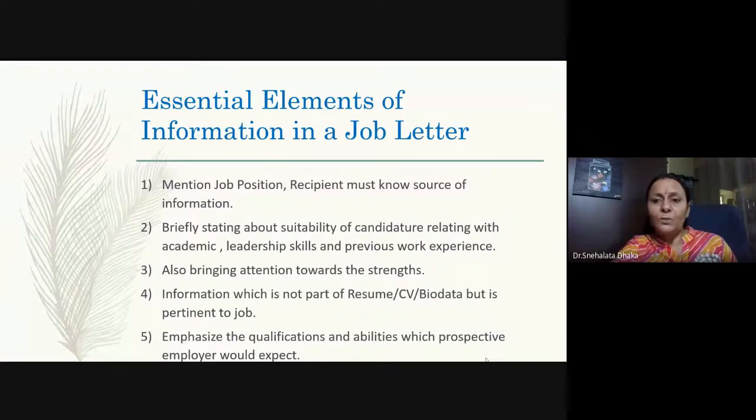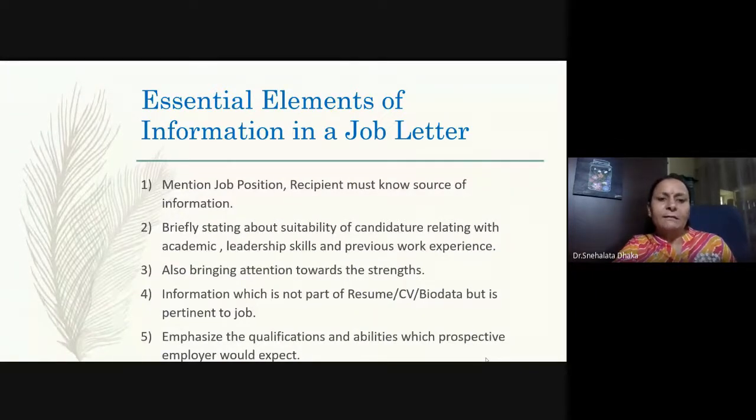Where he was working, what was his or her position, that already is there in the resume or the CV in detail. So smartly all this information is to be there. One cannot skip this information, but it is to be smartly presented in that job application, in a very precise manner.